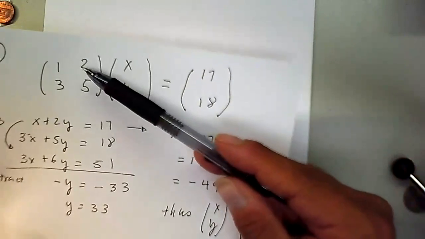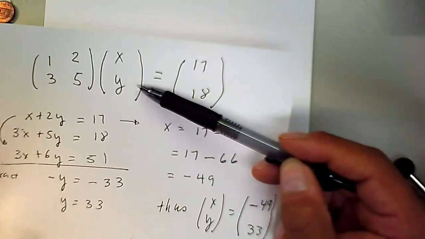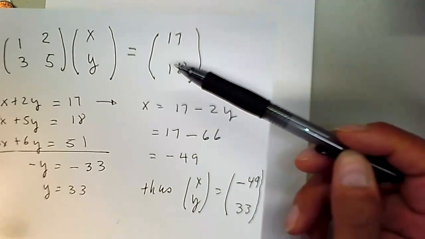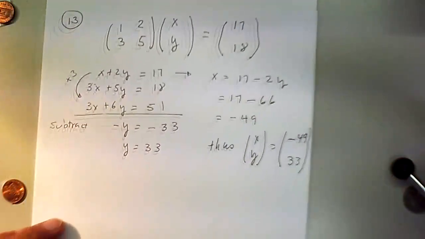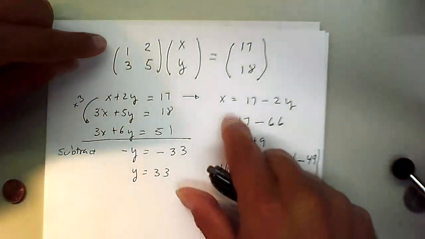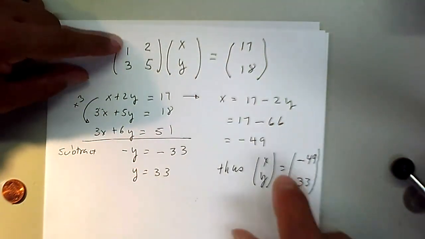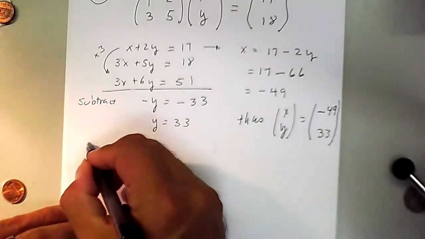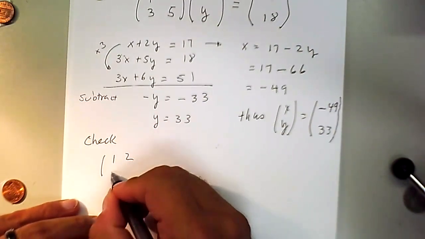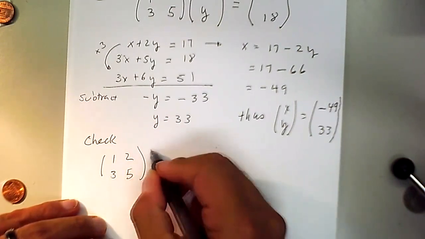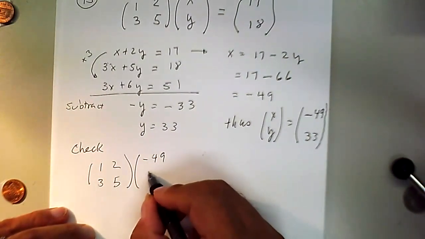Negative 49 plus 66 equals 17. I want to double check this to make sure it makes sense. So if we multiply those, well, let's do it. Let's check. Okay, so [1, 2; 3, 5] multiplied with [negative 49, 33].